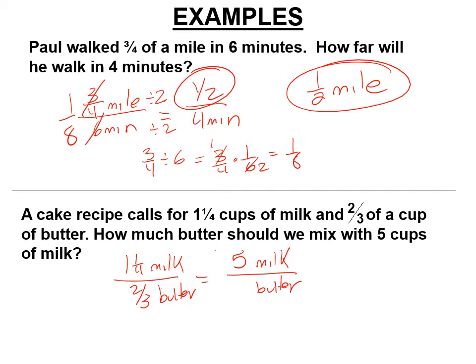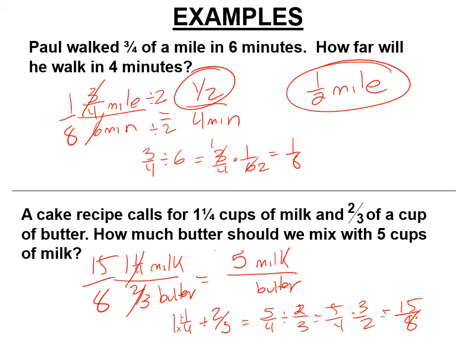All right, so this is the proportion. So we're going to simplify our first one. 1 1/4 divided by 2/3 equals, right, 5/4 divided by 2/3, which equals 5/4 times 3/2, which is, there's no canceling there, 15/8. All right, so this side makes 15/8.